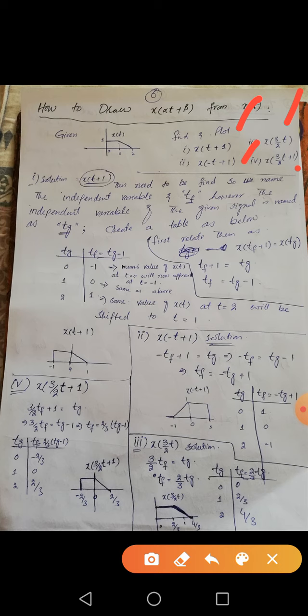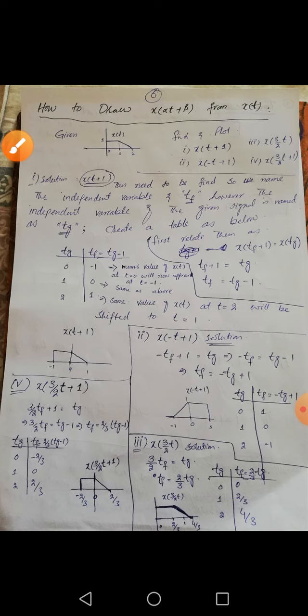We have discussed this in class in detail, how to plot the signal. Here we are just revising how to find and plot these types of signals. So the solution of the first example is x of t plus 1.